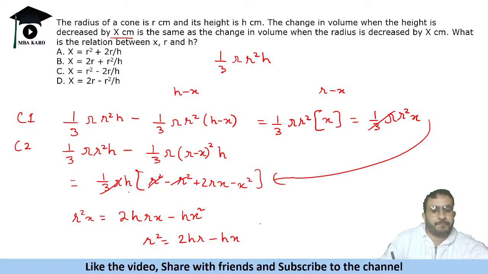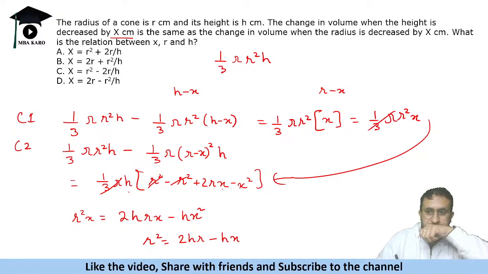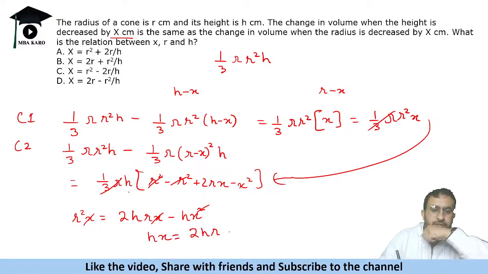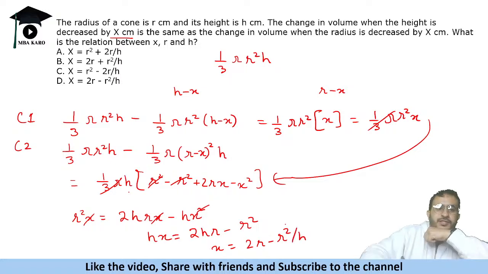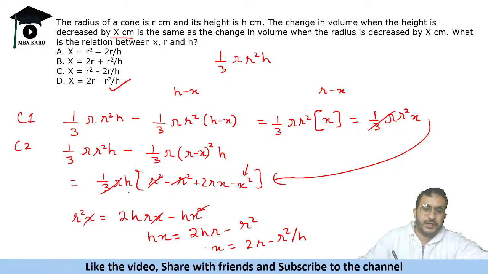So this gives us x square होगा ना, तो ये ठीक है. r square x is equal to 2hrx minus hx square, ये सही है. x x कैंसिल हो जाएगा. hx is equal to 2hr minus r square. ठीक है. तो x is equal to (2hr minus r square) by h, ये आ जाएगा. यहाँ पे गड़बड़ हो रही थी पहले. ठीक है. यही सही है ना? ये यही आ रहा है, option D.